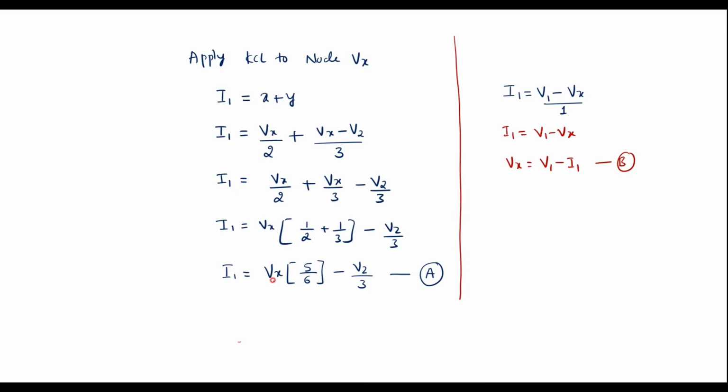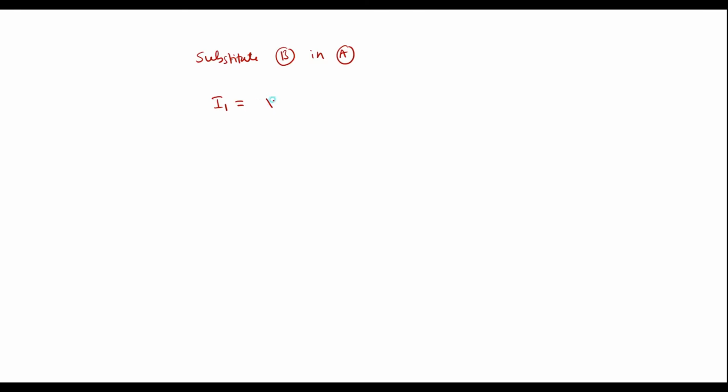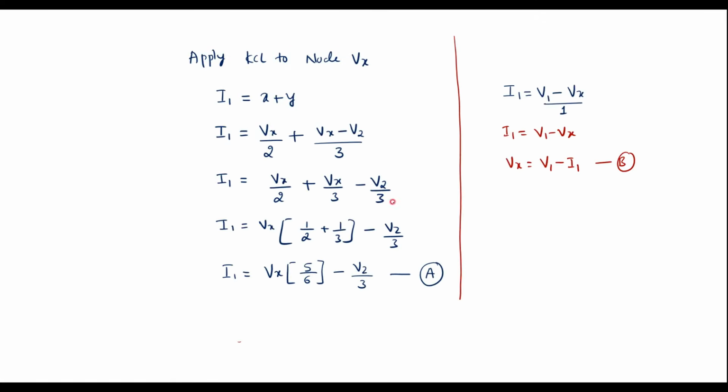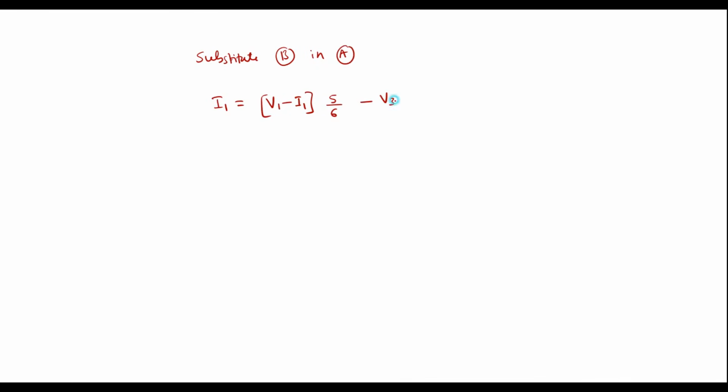Now, substitute B in A. I1 is equal to, we have Vx is nothing but V1 minus I1, so 5 by 6 times (V1 minus I1), then minus V2 by 3.